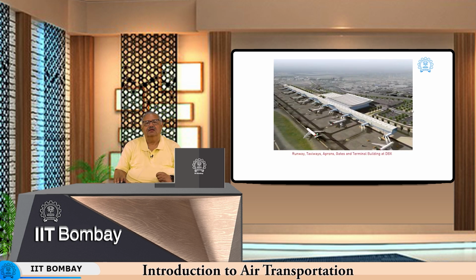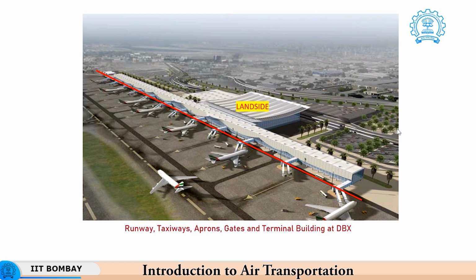Okay. This image is that of Dubai International Airport, and in this case the demarcation between the landside area, which is the passenger terminal, and the airside area is very simple. It is just this straight line, the red straight line.